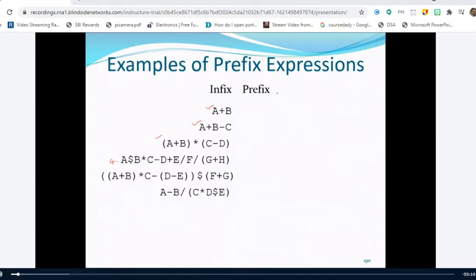The expression that is given is a dollar b. What is dollar here? Exponentiation, right? So how many operators are there in this expression? 5, sir.